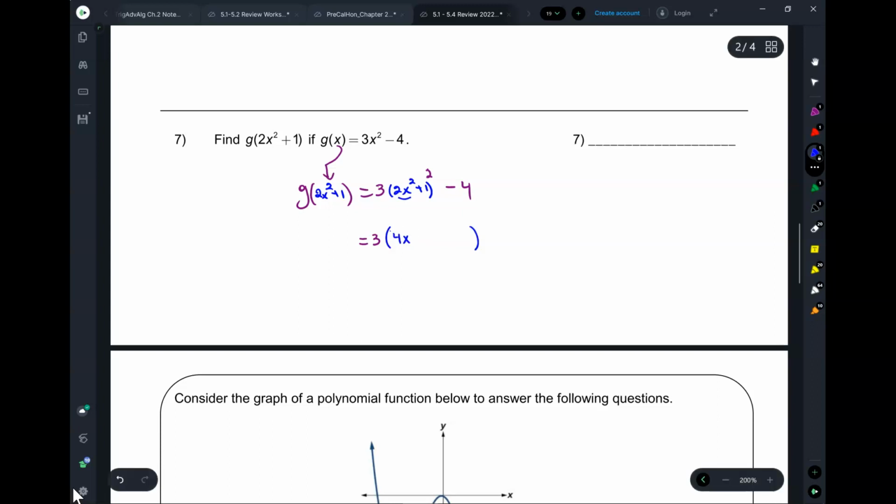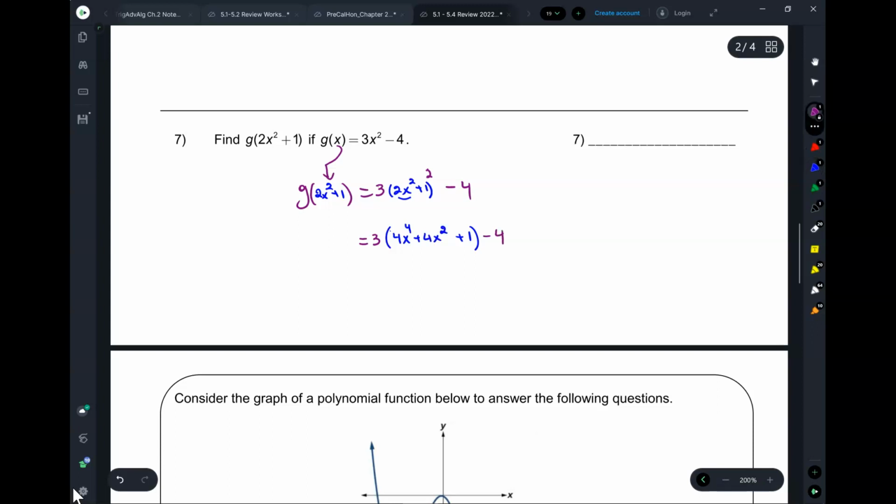No, what do you get? 4x to the 4. You square the last term, what do you get? Plus 1. Okay? And now the third term is this exponent 2 times each of the terms. 2 times 1 times this. So 4x squared. Okay? Okay, and then minus 4.